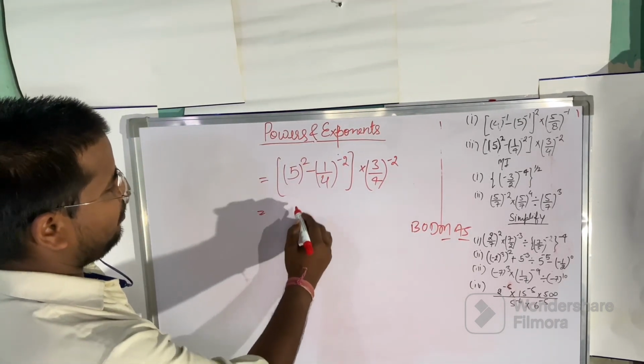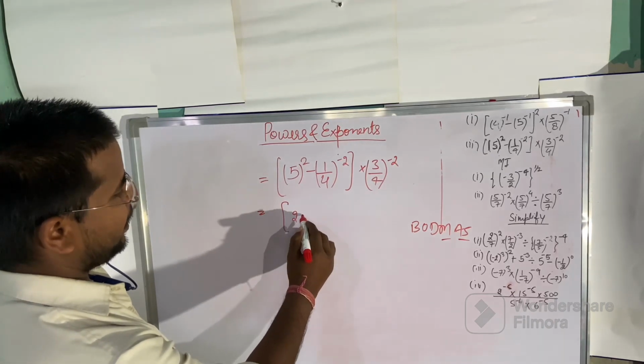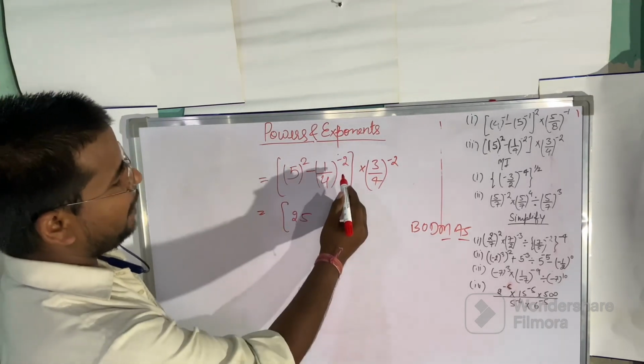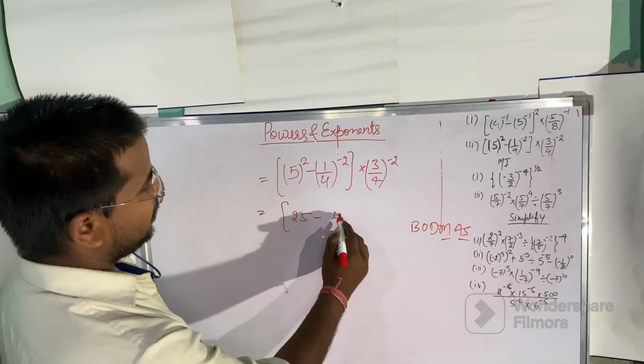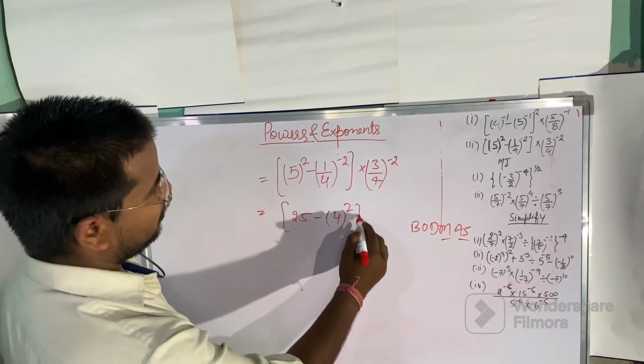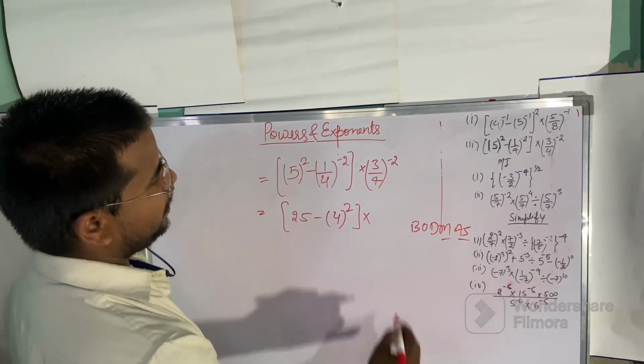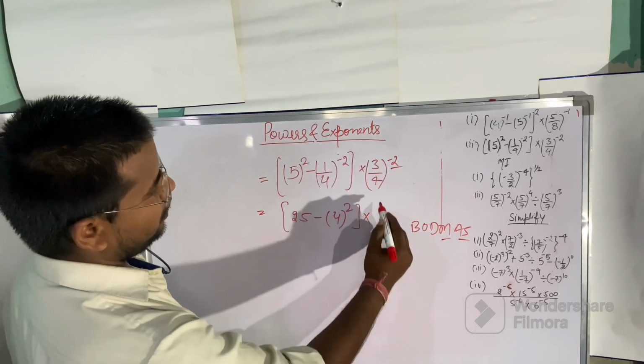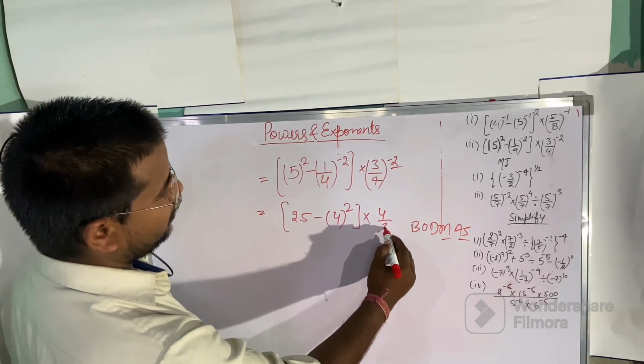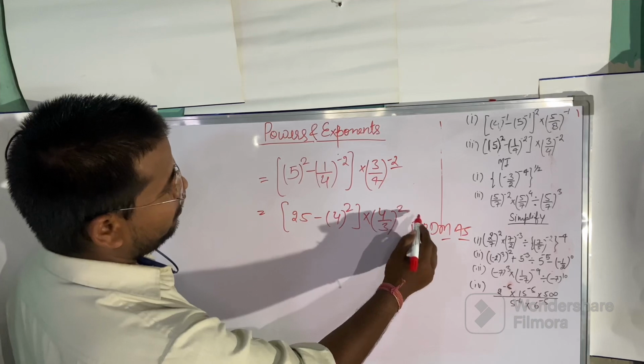So here is 5 square, that means we can write 25. Its power is negative, so if I write the reciprocal of 4, its power becomes positive. Multiply, its power is also negative, so if I write the reciprocal of that number, its power becomes positive.